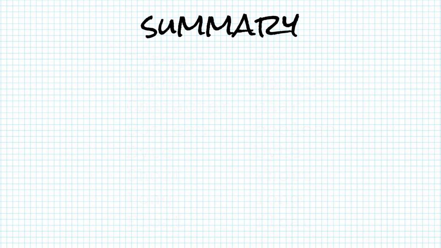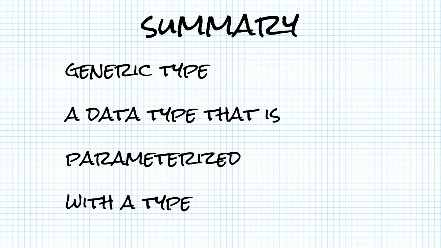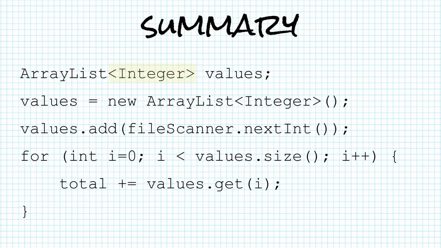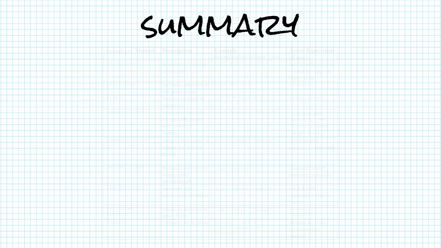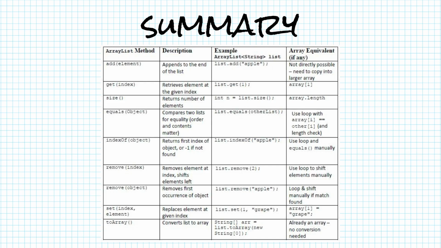We learned that ArrayLists are generic types, meaning they can be parameterized with a data type. The syntax for that uses angle brackets following the data type ArrayList, with the data type stored in the ArrayList inside the angle brackets. We then looked at a table of ArrayList methods and the equivalent array implementations, where applicable.